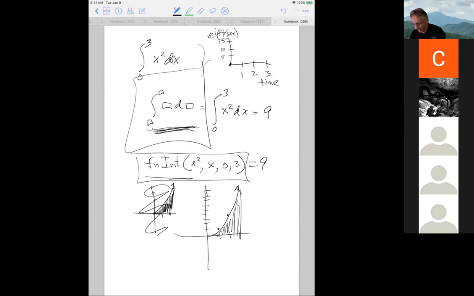Let's say that we started at 0 seconds, and it's not realistic that this happens. We go up at an incredibly steady, regular increase for 3 seconds, so that at the end of 1 second, we were going 5 feet per second. At the end of 2 seconds, 10 feet per second. And at the end of 3 seconds, 15 feet per second.